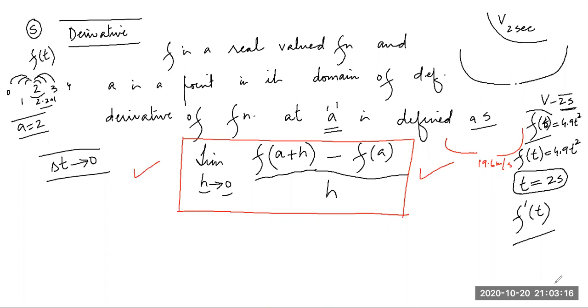Let's see. So I said, what is derivative? My function was f of t is equal to 4.9 t square. And here I'm defining derivative as the limit, h approaches 0. I wanted to find the derivative of a function at a, so instead of t, I write a plus h, marginally more.